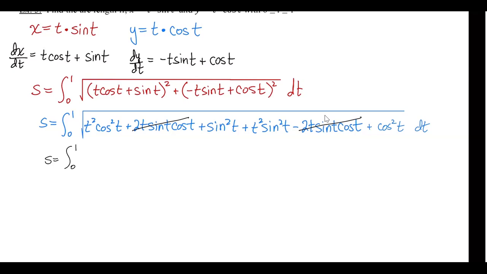So the Pythagorean identity. If I reorganize, I'm going to get sine squared t plus cosine squared t, and then plus a t squared. I like to keep the signs first. Sine squared t plus t squared cosine squared t.